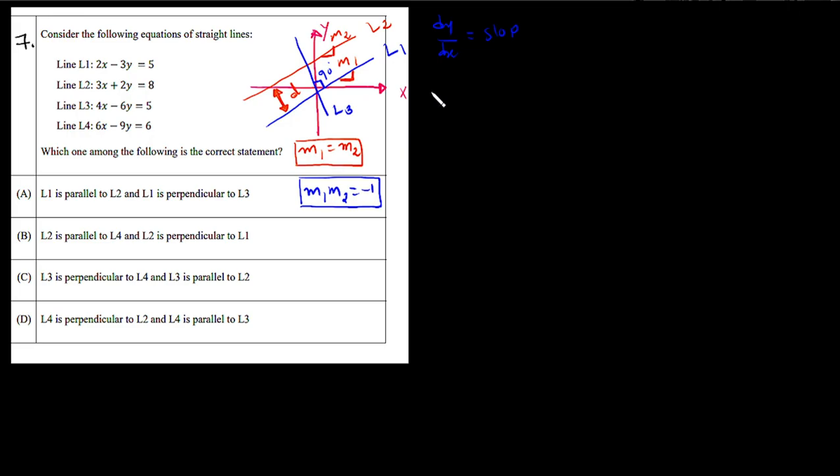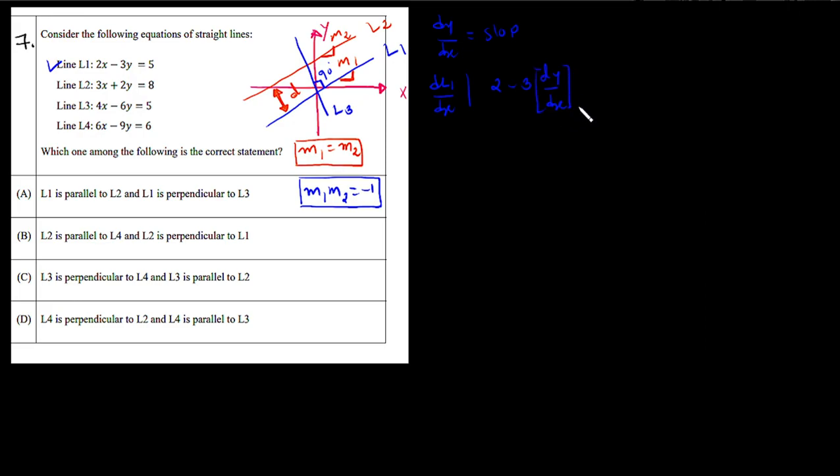So now let's find the slope for the first line. I have to differentiate the equation of the first line with respect to x. So I can say del L1 by del x. The differentiation of 2x will be 2 because we are differentiating with respect to x, and for 3y it will be 3 dy by dx.